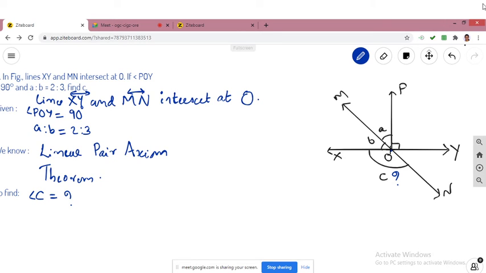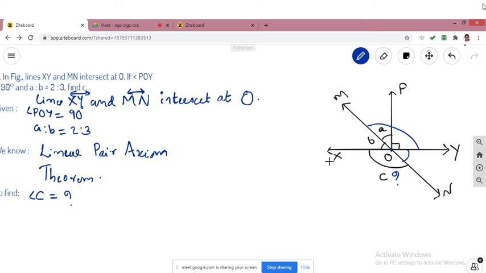Okay, so XOM, that is angle B, and this angle YON. She is saying that angle B and this angle are vertically opposite angles. And even XON and MOY are also vertically opposite angles. XON, that is angle C, and this angle is also a vertically opposite angle.